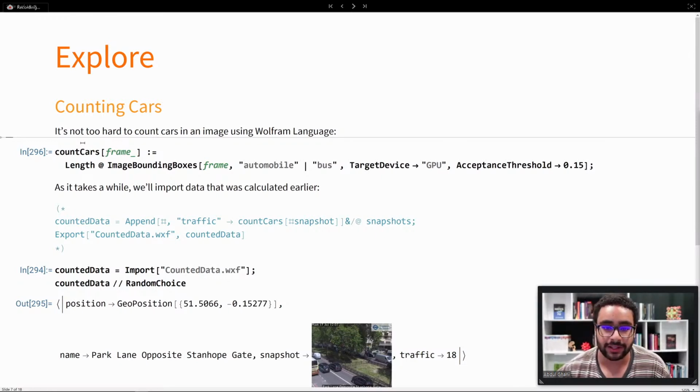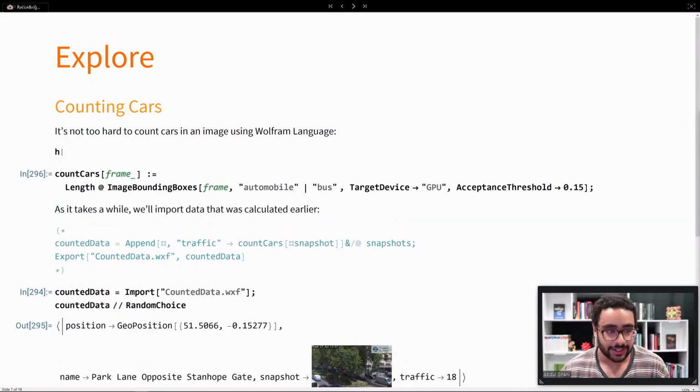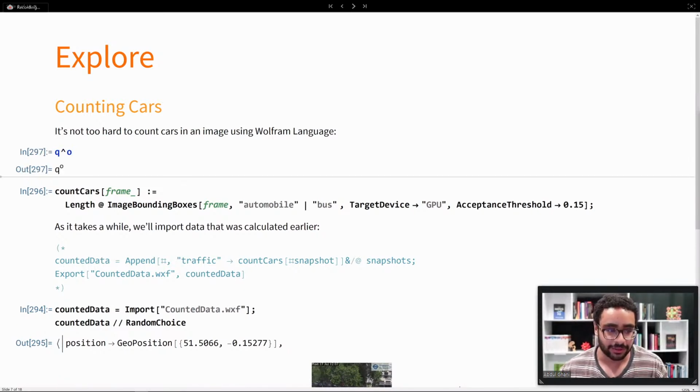because if you run a cell and it gives you something strange that you didn't expect, like it doesn't seem to have evaluated, but you see blue in that cell, that's just because parts of your expression don't have definitions, and that's fine. In Mathematica, it's fine to say something like q to the o, for example. Even though I've not defined either of those two things, you can work with it symbolically. Q to the o is q to the o, which is good and bad.